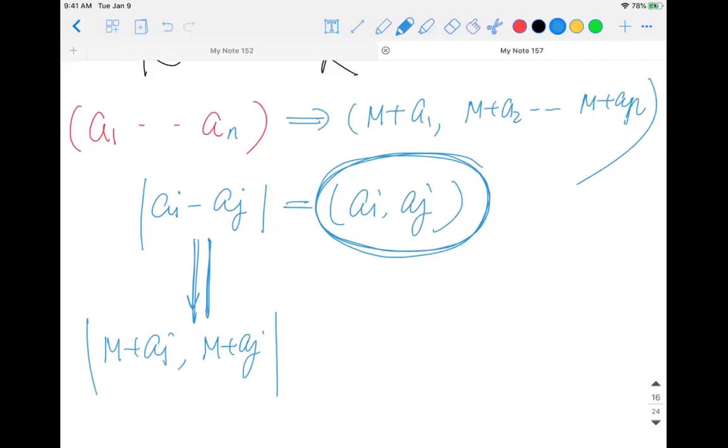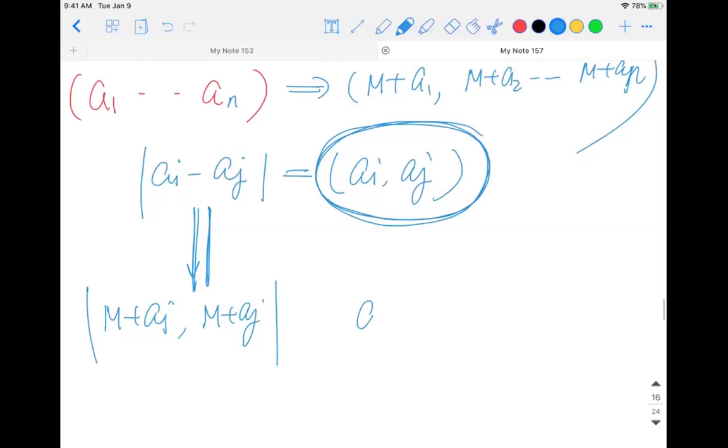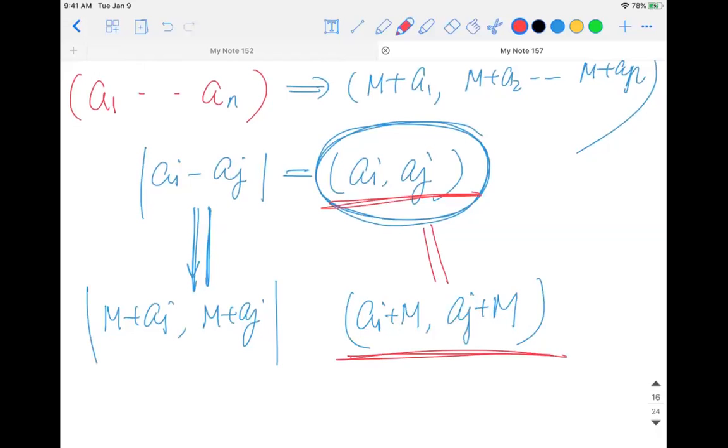However, my goal is trying to prove that AI plus M, AJ plus M, I can make sure the original AI AJ greatest common divisor is the same as AI plus M and AJ plus M greatest common divisor. I can basically use all the equations, they can be passed along, right? So everything will keep the same. You guys follow me?